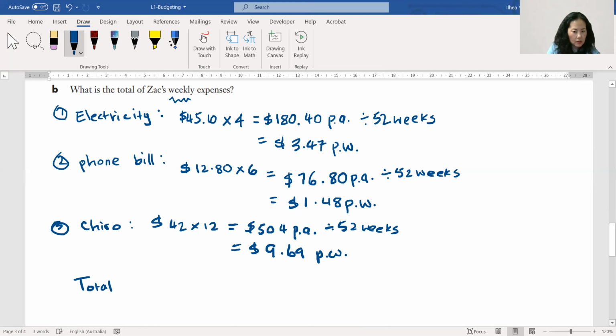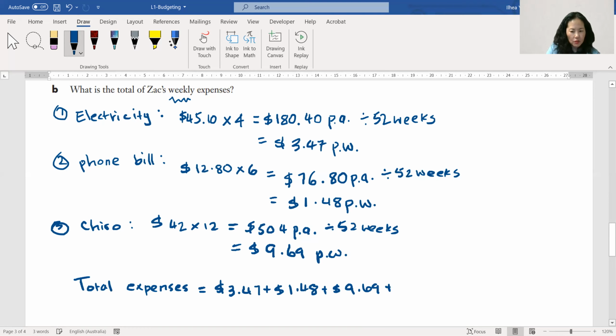Okay, so now we can find the total expenses. I'm going to put all of that down first: $3.47, $1.48, and $9.69.